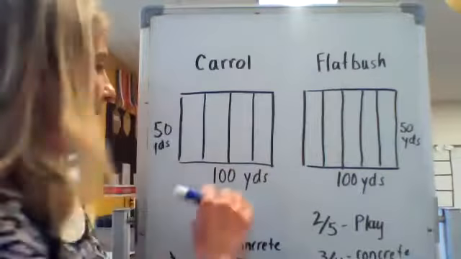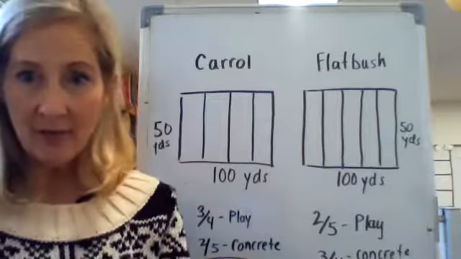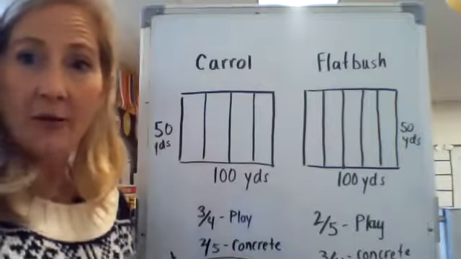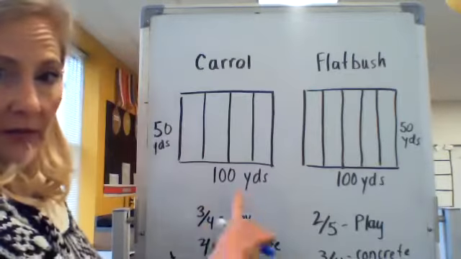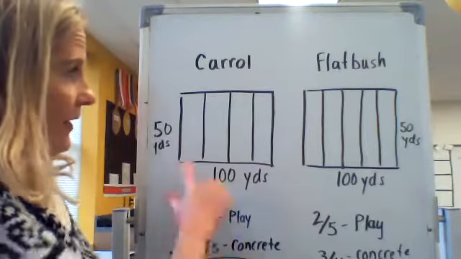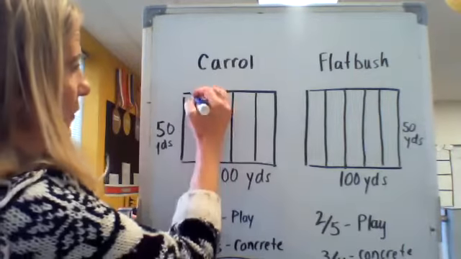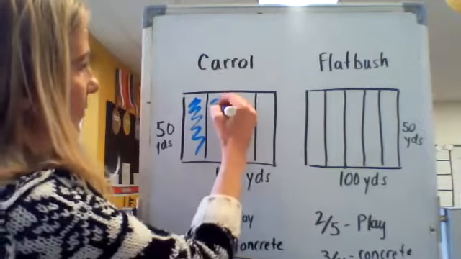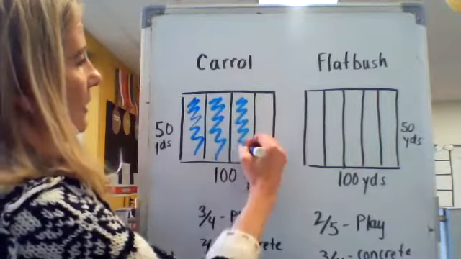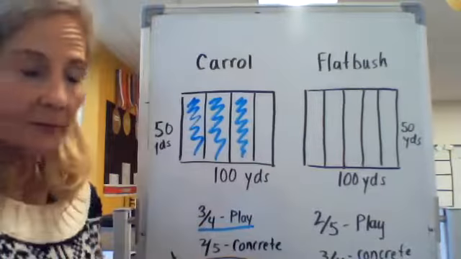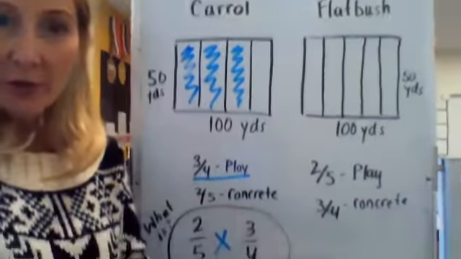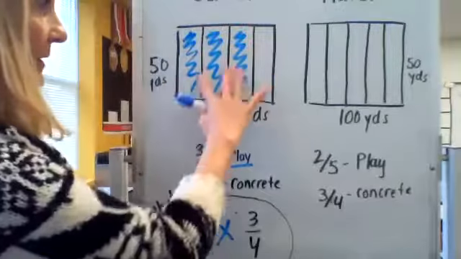So when I first start these, I think, okay, what is the main thing that we're going to be seeing a fraction of? And it was the 3/4 that's going to be the play area. So here's fourths, 3/4. So this is how much of Carroll is going to be a play area. And then they want to know what 2/5 of that amount is.